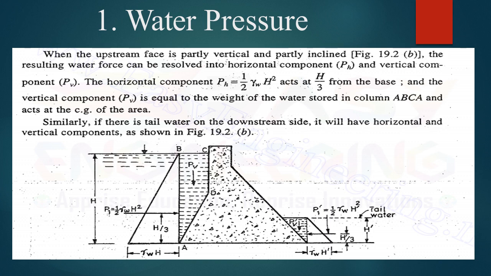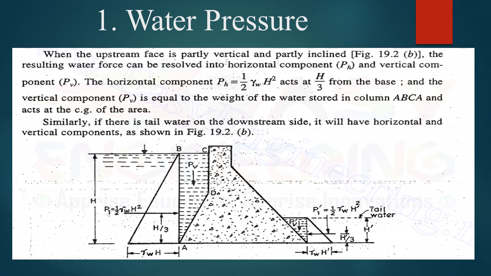One will be a horizontal component and the other a vertical component. In the horizontal component, the pressure distribution of water remains triangular as it was, acting at H by 3 distance from the bottom, and the horizontal pressure will be half into gamma w into H square, that is half into base into height, right? But what will be the vertical force here?